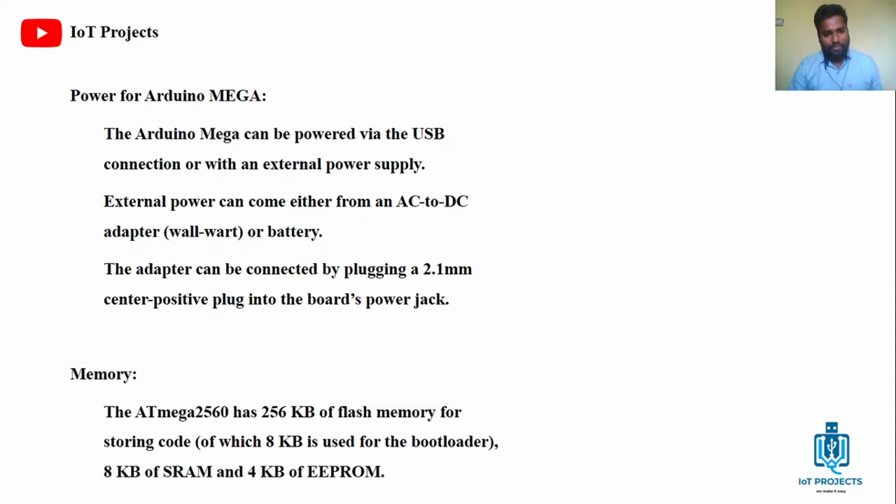Memory: this Arduino Mega has very high memory. 256 KB of flash memory, of which 8 KB is used for the bootloader, 8 KB for SRAM, and 4 KB for EEPROM.